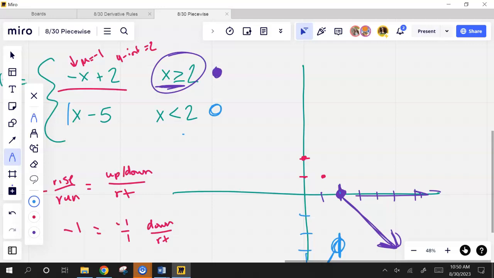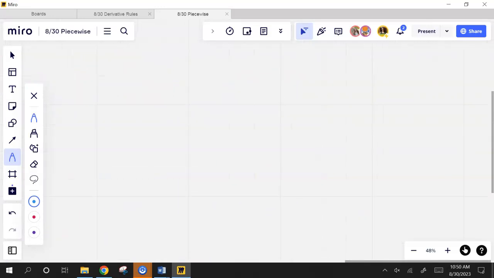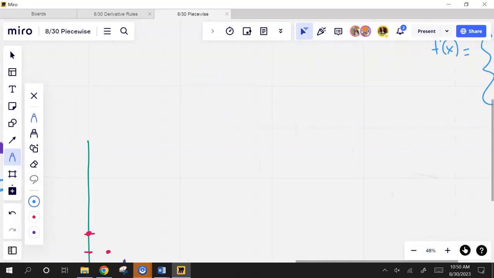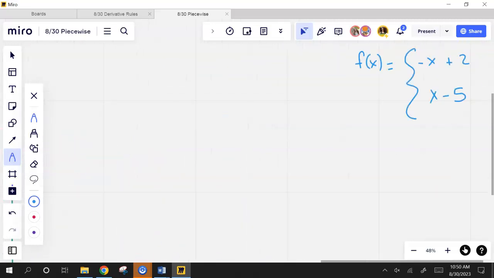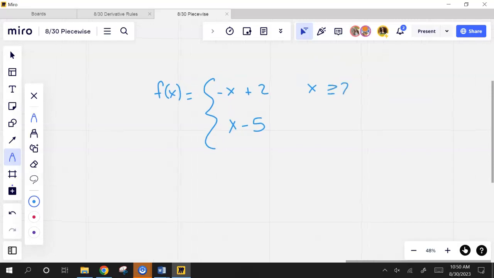All right, so let's take this same function. Somebody, what was it? Negative x plus 2. x minus 5. And we cut it off, what? Greater than or equal to 2. I'm going to do this same graph, but this time I'm going to do what I call the plug-in method, okay?